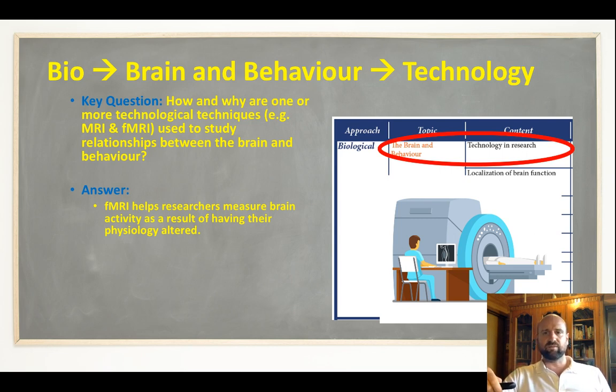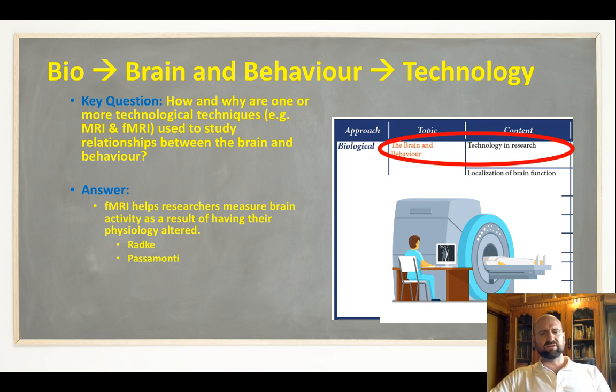So that way we might be able to explain how that physiological factor, like the hormone, neurotransmitter, or the gene, might affect behavior through its function on the brain. So they allow us to look at the brain maybe as a mediating or moderating variable that is explaining the relationship between things like genetics, neurotransmitters, and hormones and behavior.